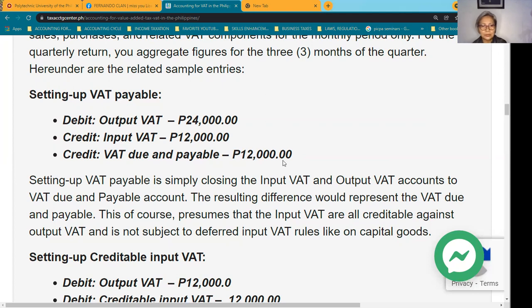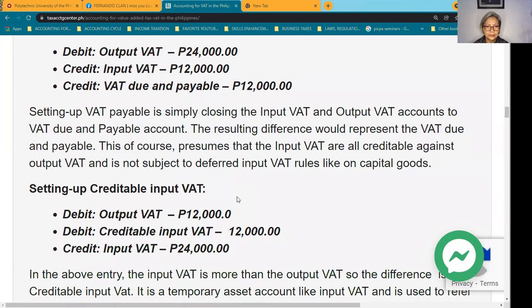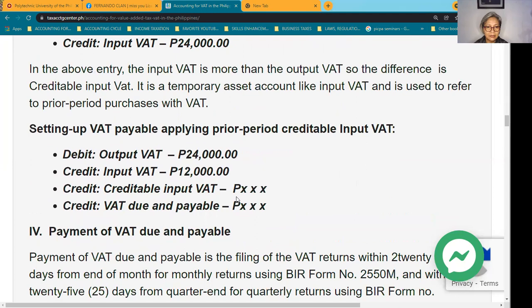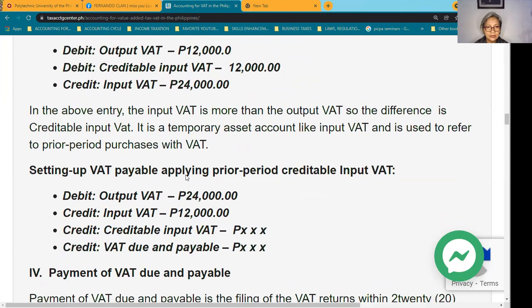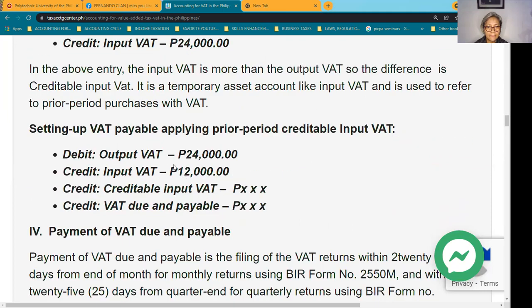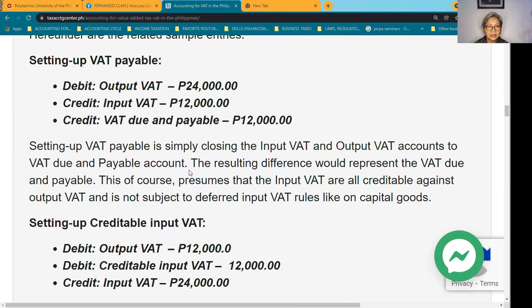Ngayon, ang next step will be to pay the BIR, di ba? After mo ma-set up yon, anong mangyayari? Ano ang difference natin dito sa illustration na to? 12,000 yung VAT due and payable.